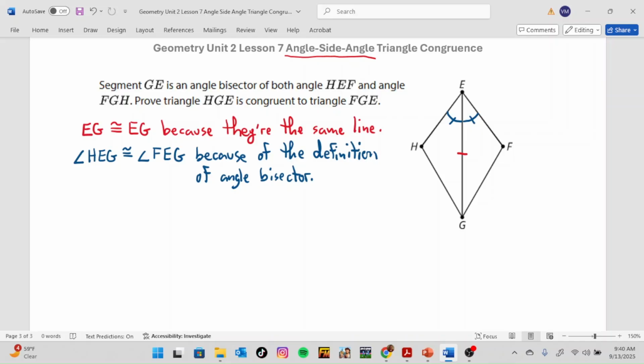And they tell us that segment EG is the angle bisector of FGH, which means angle FGE is congruent to angle HGE because of the definition of angle bisector.